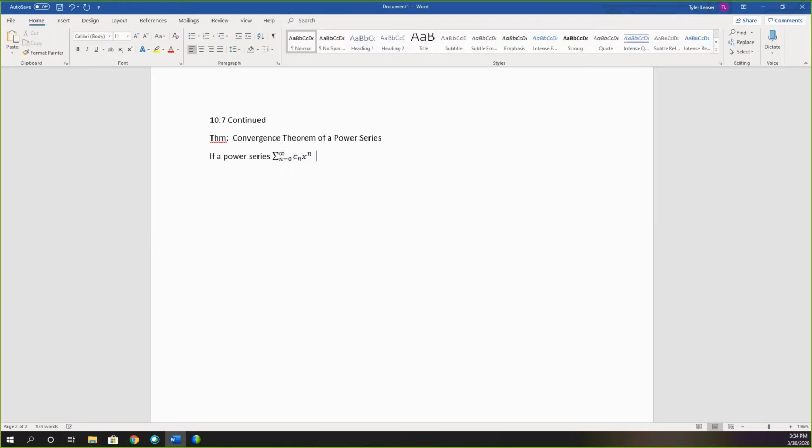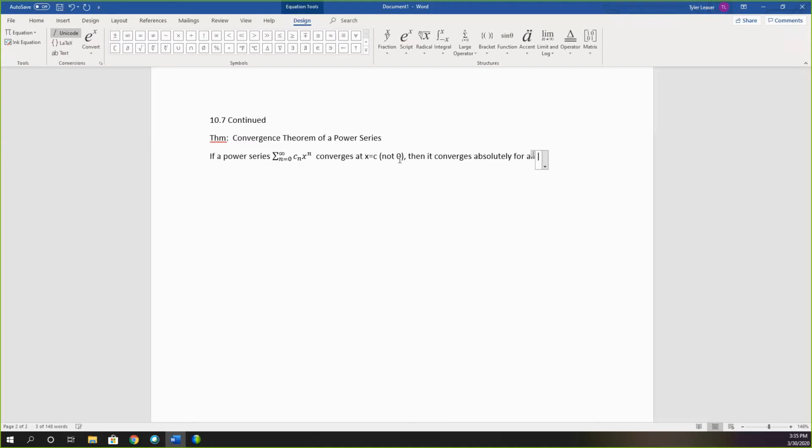Okay. If a power series converges at x equals c, so this is not the same as the coefficients out in front here. This is an x value c that this thing converges at. As long as this x equals c is not 0, then it converges absolutely for all absolute value x less than the absolute value of c.